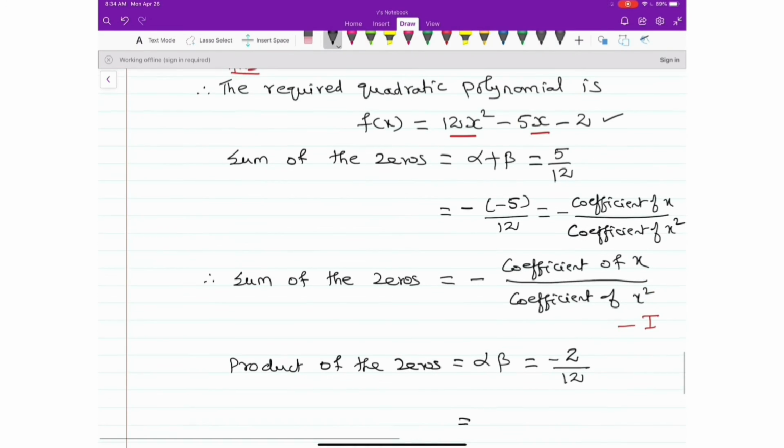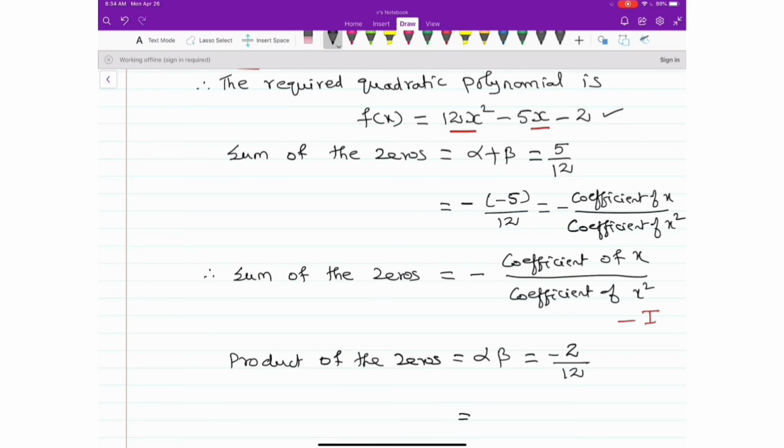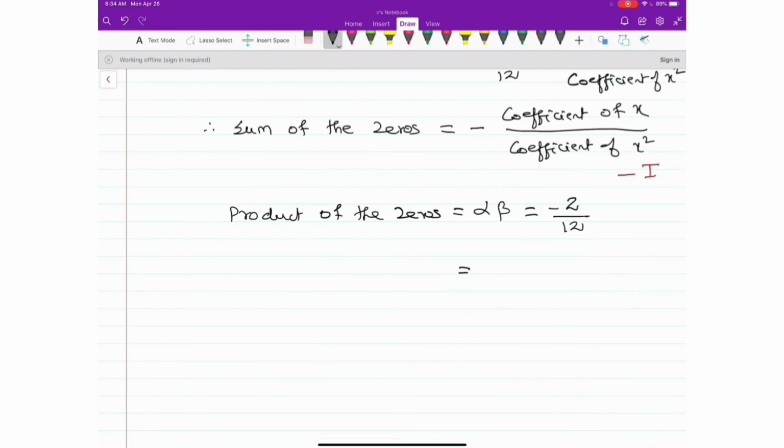If you see this quadratic polynomial, minus 2 is the constant term and 12 is coefficient of x square. So, I can write over here constant term by coefficient of x square. So we have verified the relationship. Product of the zeros is equal to constant term by coefficient of x square.